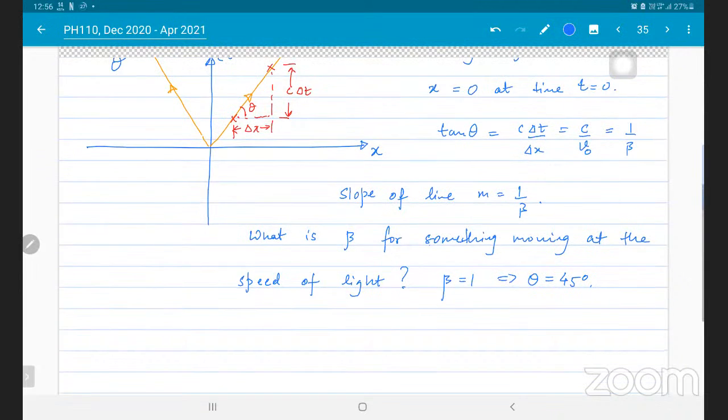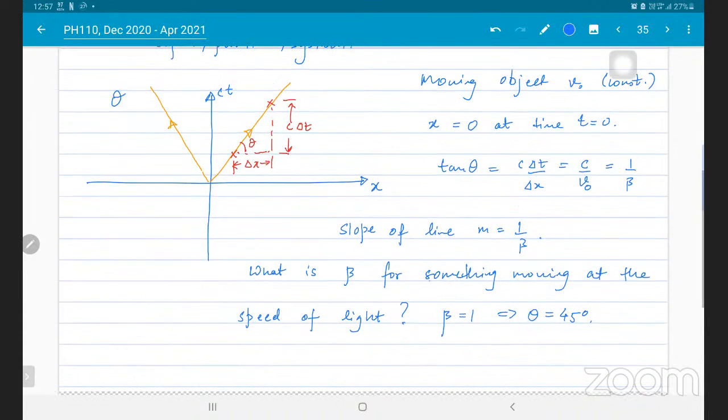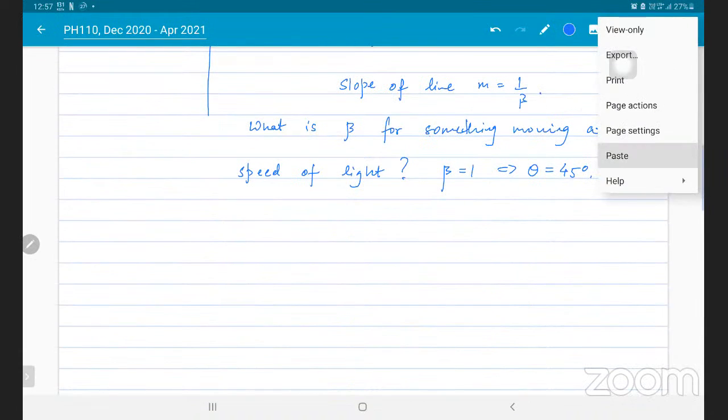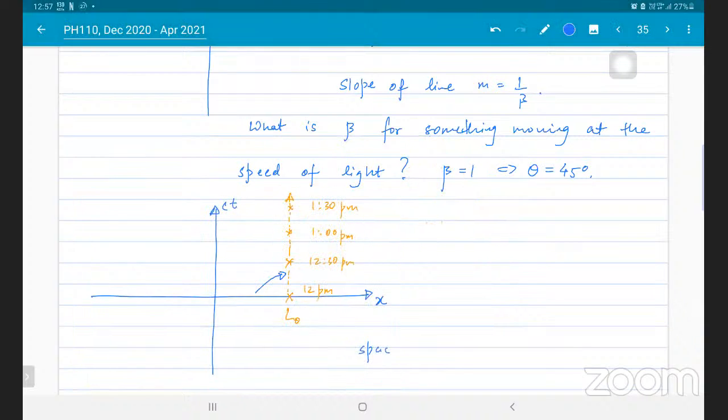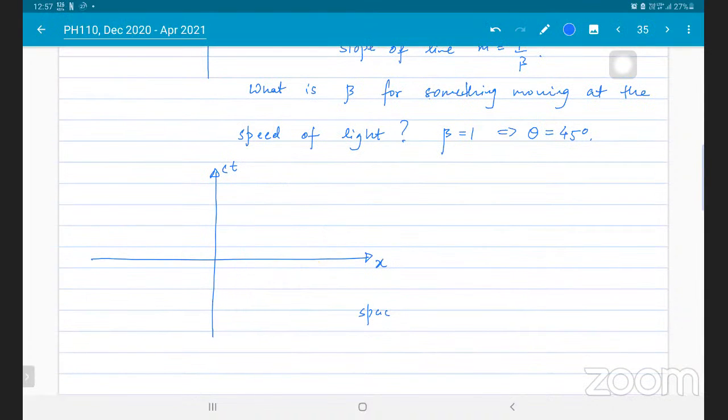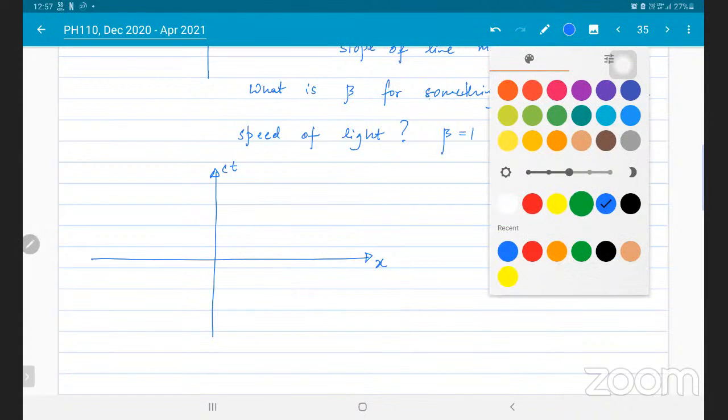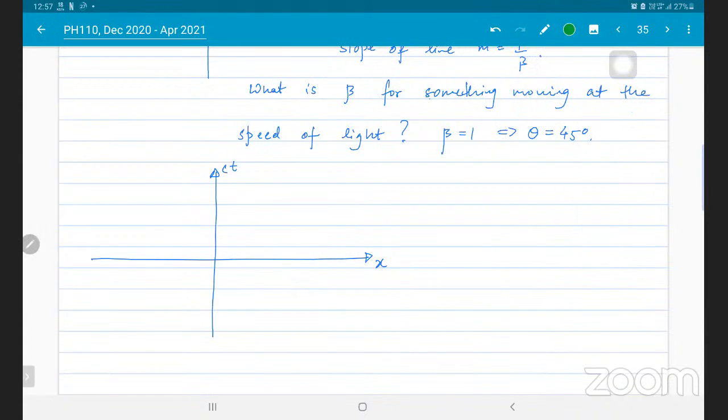Right. So if you have any line in this diagram, if you draw any line at an angle of 45 degrees, right? This is my best attempt at drawing a 45-degree line.